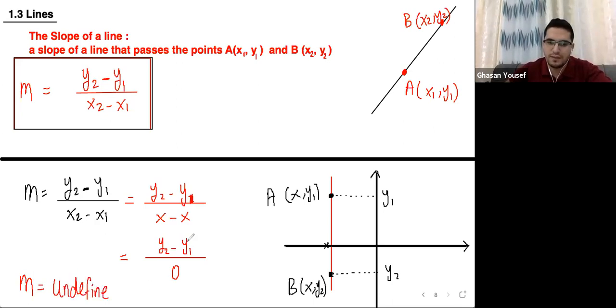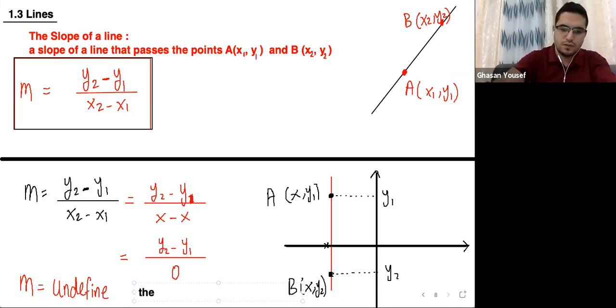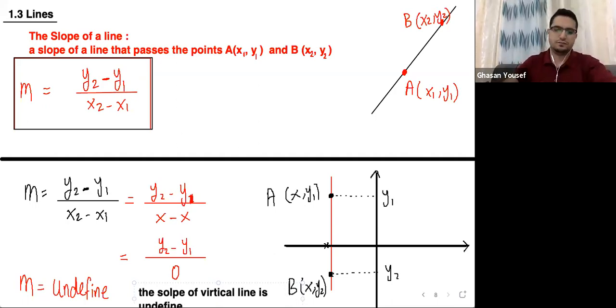Why is it undefined? Because we get 0 in the denominator. So I can say here that the slope of a vertical line is undefined.